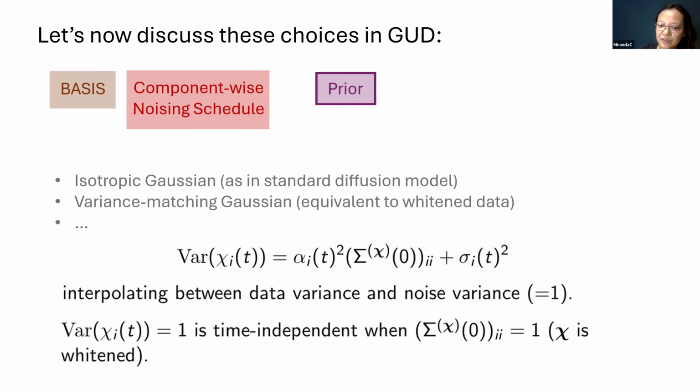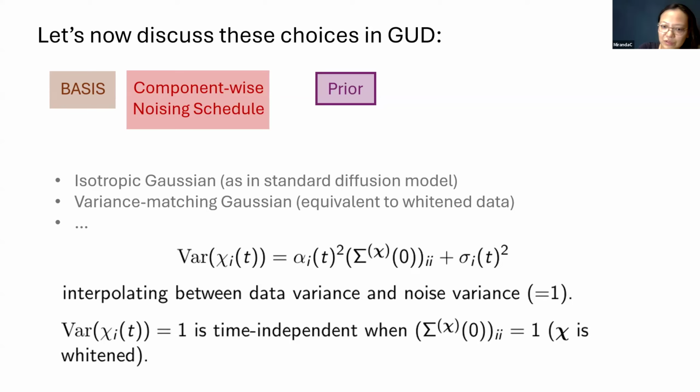In some sense, in physics language, it's like you already put in the 2-point functions of your data. So what you have to learn in the process of learning the score and so on is only the higher point functions. You can think about learning the diffusion as sort of turning on the interactions, if you want, from this point of view. So that's also an interesting choice of prior.